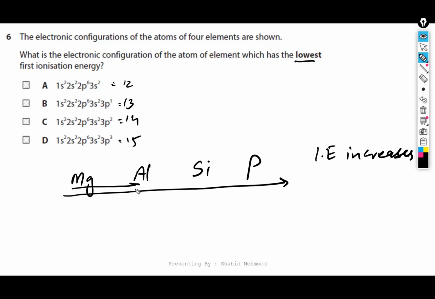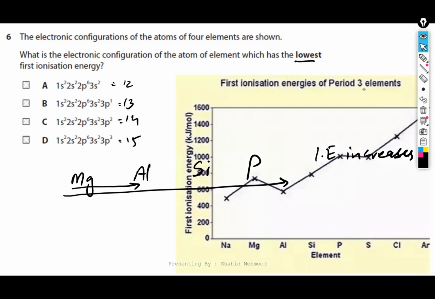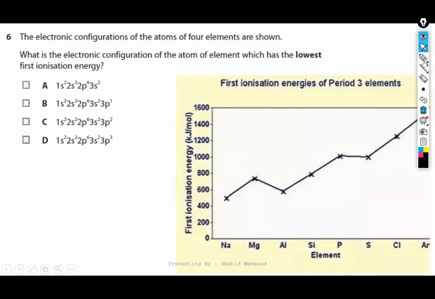If you remember the graph, aluminum has lower ionization energy. So they gave you 12, 13, 14, and 15, and aluminum has the lower ionization energy. So the correct option here is option B.